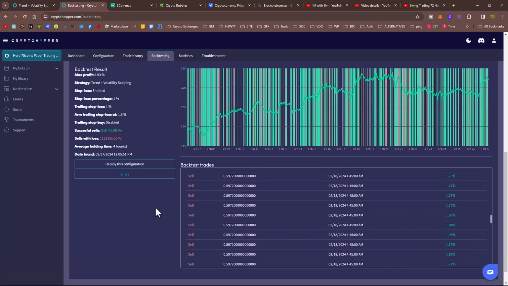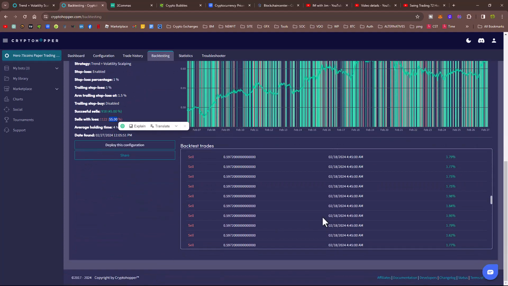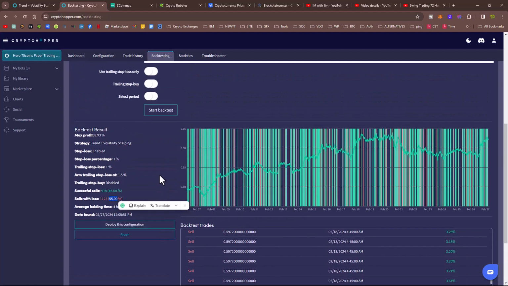That's a lot of trades. 918 trades with a 45% win rate. And look at how many losses it's made. 55%. So would you have made money with that? I think you would have done, because the winners were a lot bigger than the losers. But still, far too many stop losses kicked in for my liking there.